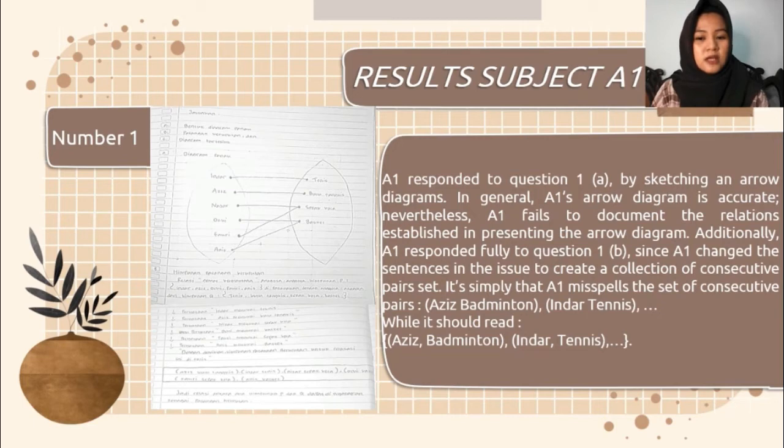Additionally, A1 responded incompletely to question 1B, since A1 changed the sentence in the issue to create a set of consecutive pairs. It's simply that A1 misspelled the set of consecutive pairs like this, while it should be written like this.